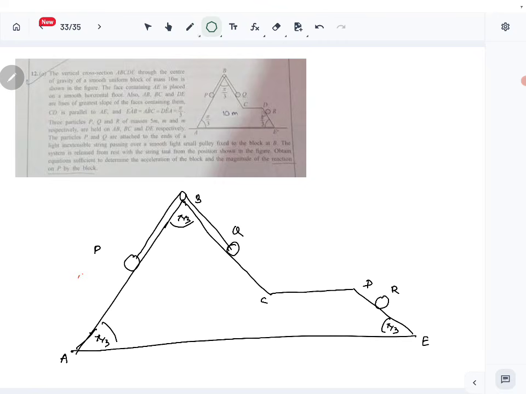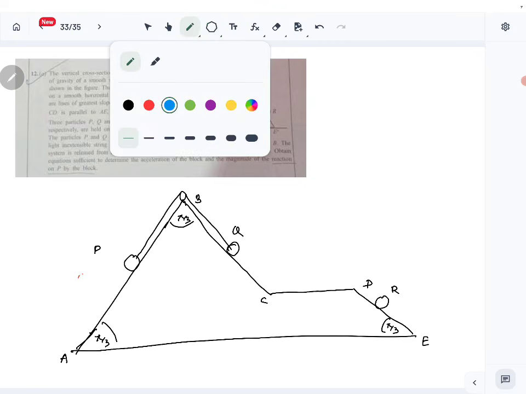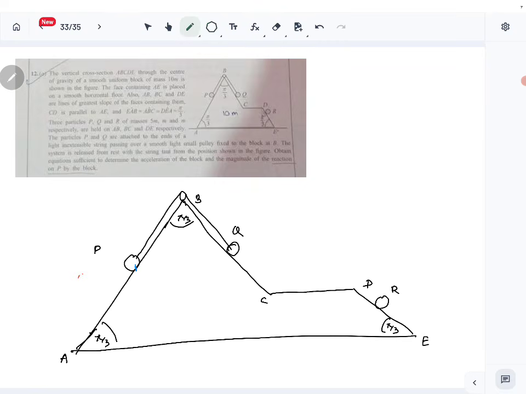Okay, now let's mark the forces. 5mg down, weight, mg down, weight, mg down, weight. Then let's start with the reactions.